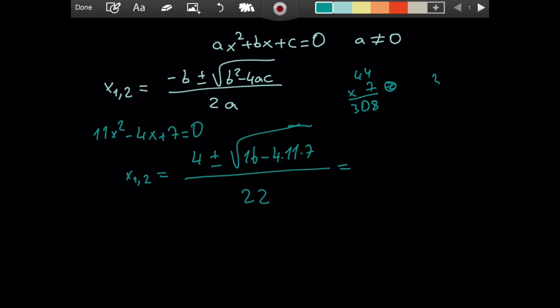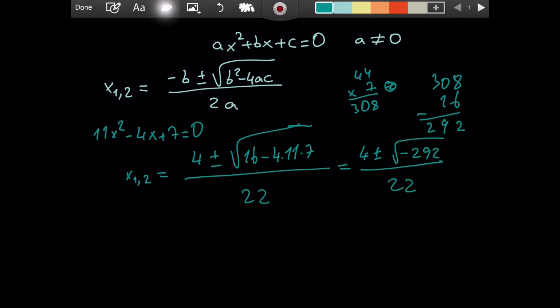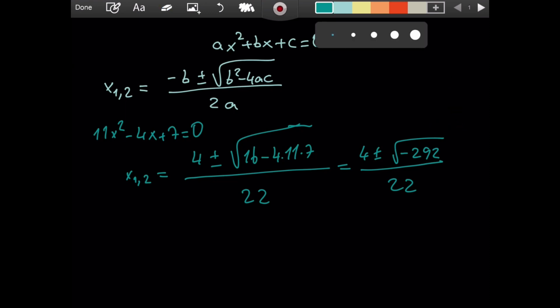Then we will subtract it from 16. So we have negative 292. Okay. Which means we have this as the result. And as you can see, the inside of the square root is negative. So we have an imaginary solution, which we can find by doing this.